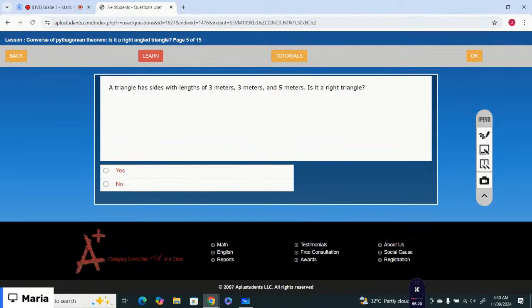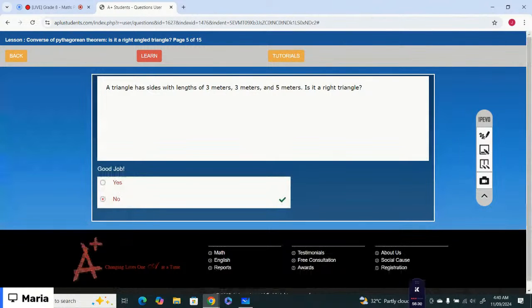The correct option is no. A triangle has sides with lengths of 3 meters, 3 meters, and 5 meters. Is it a right triangle? That isn't a right triangle. So the correct option is no.